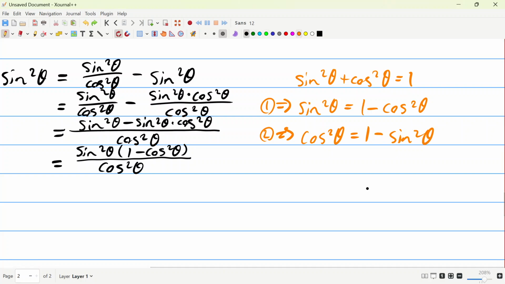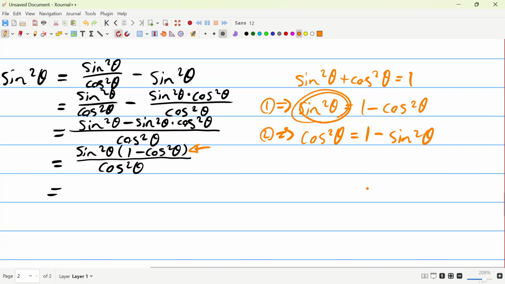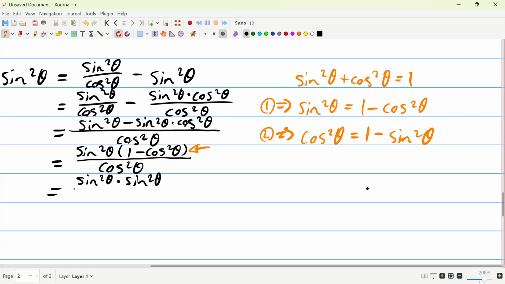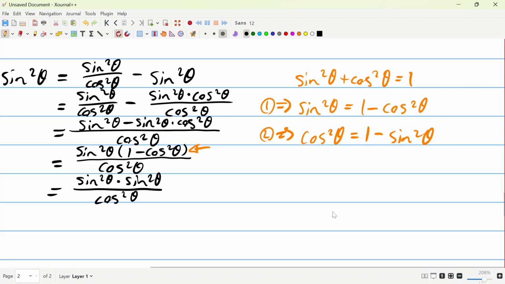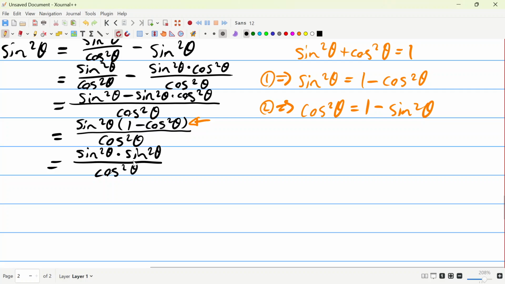Okay. So basically what we notice is that we have 1 minus cos squared theta, which is actually equal to sine squared theta. Okay. So therefore, we're going to have sine squared theta times sine squared theta divided by cos squared theta. And notice that we want to prove that this is equal to tan squared theta times sine squared theta. We have sine squared theta, and we see here that we have sine squared theta over cos squared theta.